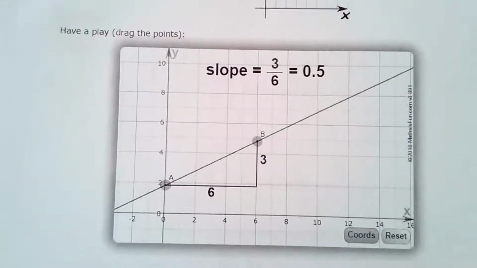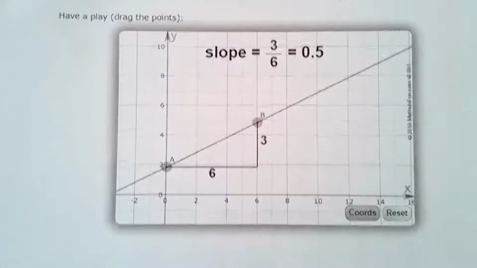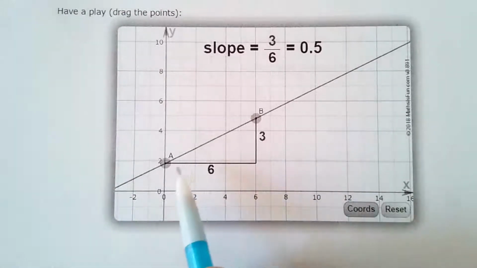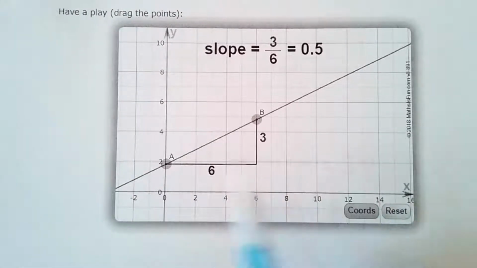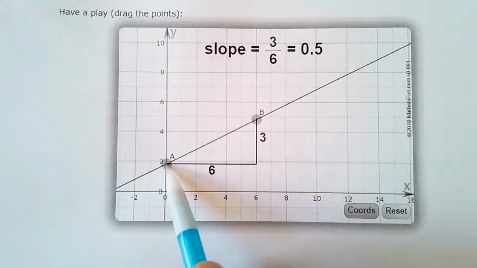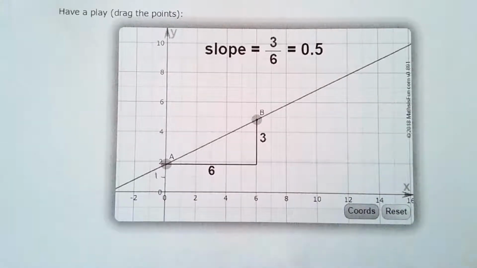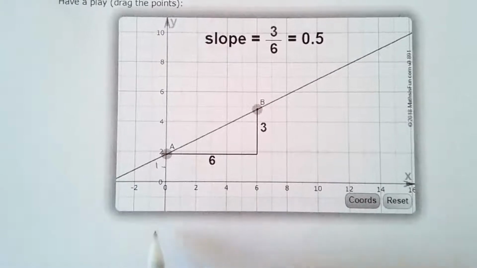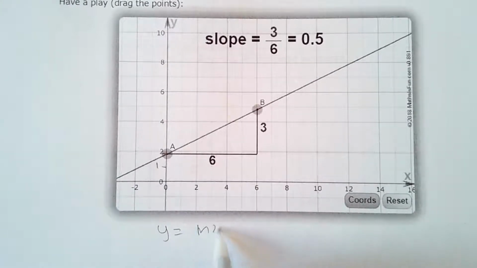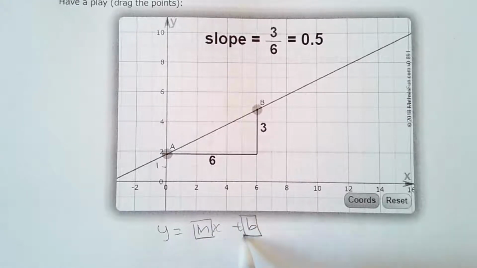Here's another example. Now this y-intercept is off a little bit. It's probably around 1.9. This here is 1. So we can say y is equal to mx plus b. Or sometimes I'll put a box around here, meaning that these are the two things I need.